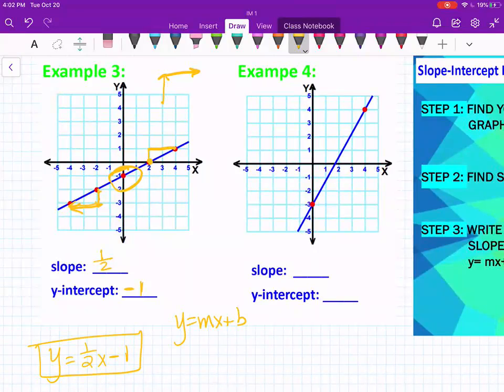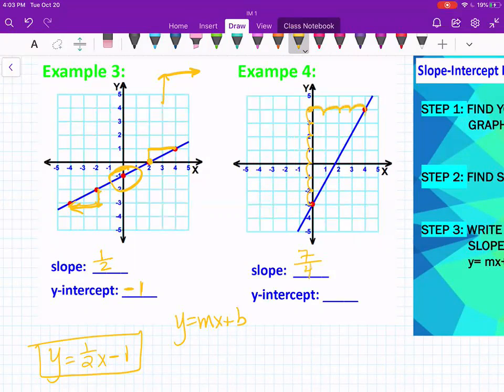So number 4, we have quite a ways over to get to our slope. There might be something in between that we could count, but we're going to just count up here. 1, 2, 3, 4, 5, 6, 7. So we're rising 7, and we are running 1, 2, 3, 4.